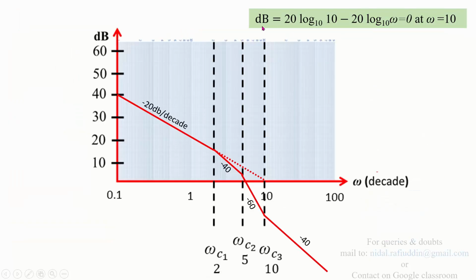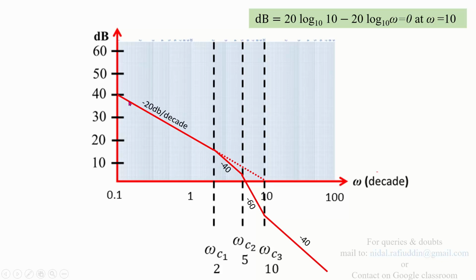So let's try to draw this, and this is the expression for omega less than 2. If you substitute 10, then dB is 0. So here is the line. We draw a straight line having a slope of minus 20 dB per decade, and it will meet the x-axis at omega 10.